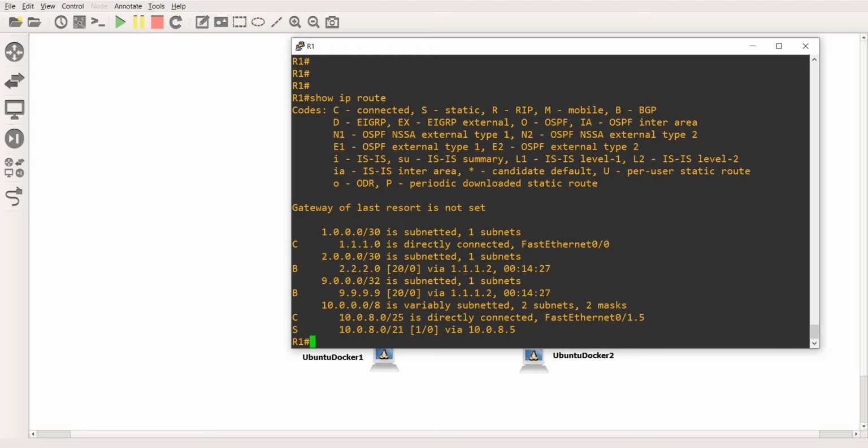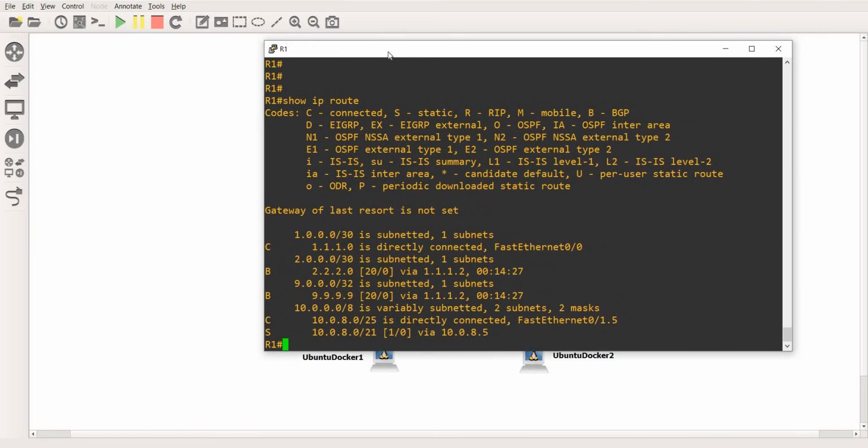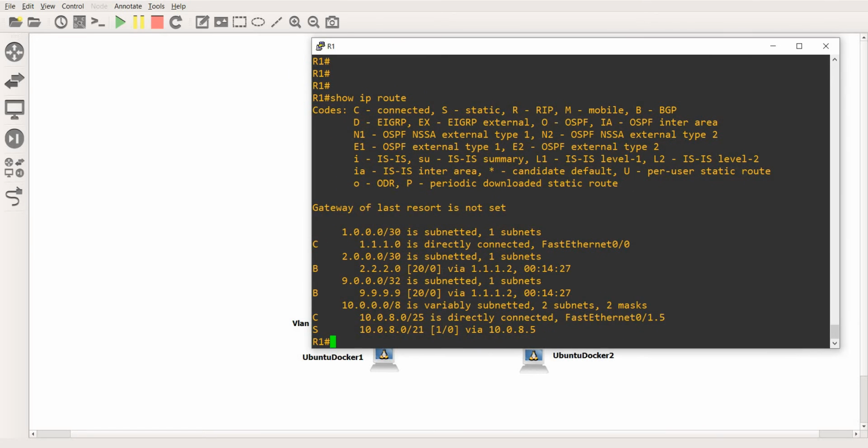So for example, this router R1 receives a packet, and of course, that packet should have a source IP address, destination IP address, and in the layer two, source and destination MAC addresses.